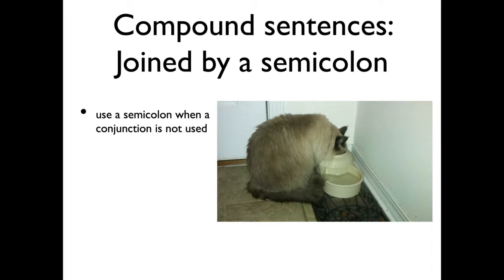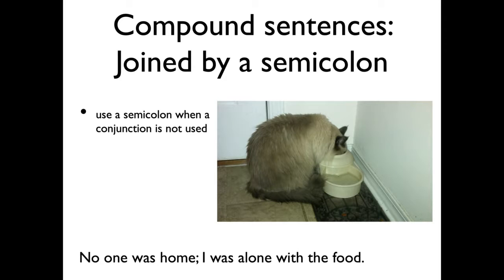So here's another one. Use a semicolon when a conjunction is not used. Again, compound sentences, two independent clauses, must be connected somehow. You cannot just erase the period between two sentences and hope for the best. So here's this one. No one was home. I was alone with the food. You have an independent clause on the left.